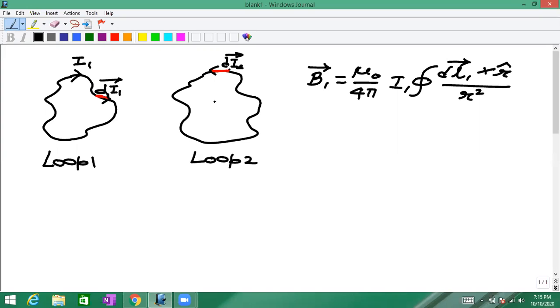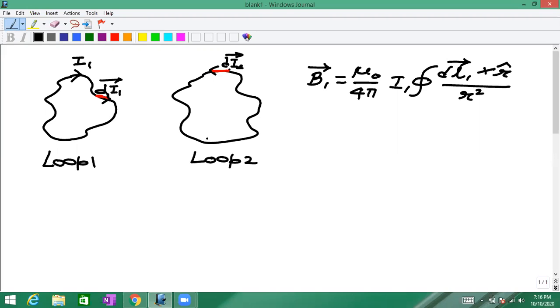Now what will happen? Loop 2 is itself in a magnetic field, B1. Since it is in a magnetic field, some magnetic flux will be associated with this loop 2.